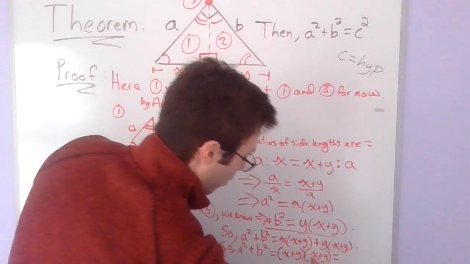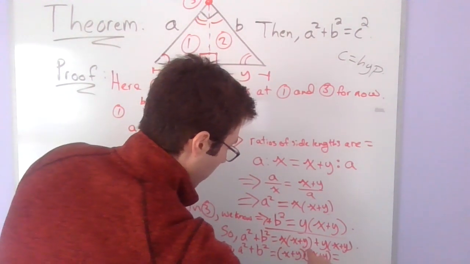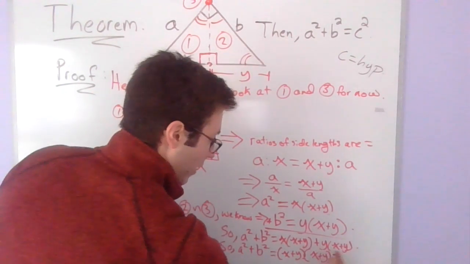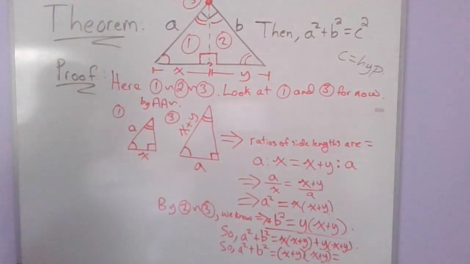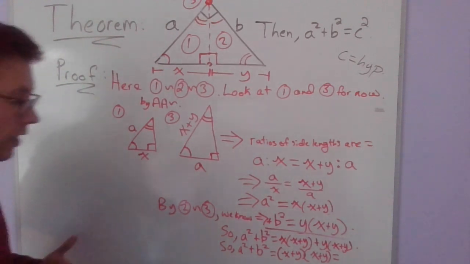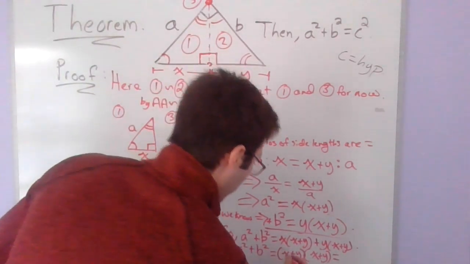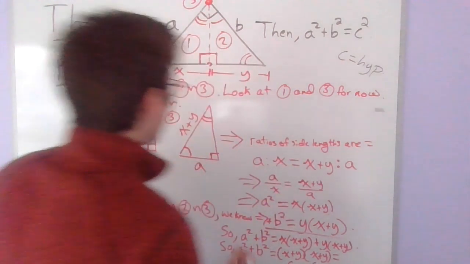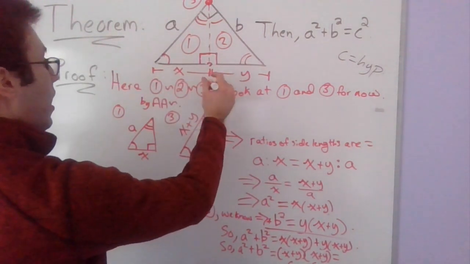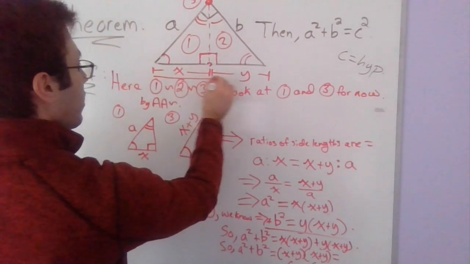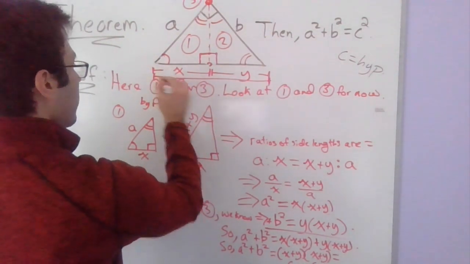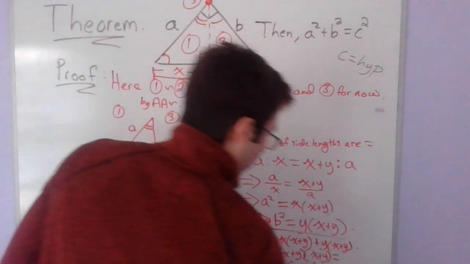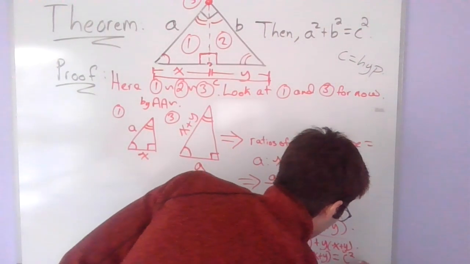You're going x times the quantity x plus y, and then y times the quantity x plus y. Well, that is really equal to, if this value is c, this also is c, because x plus y is equal to c. So this really is equal to c squared.